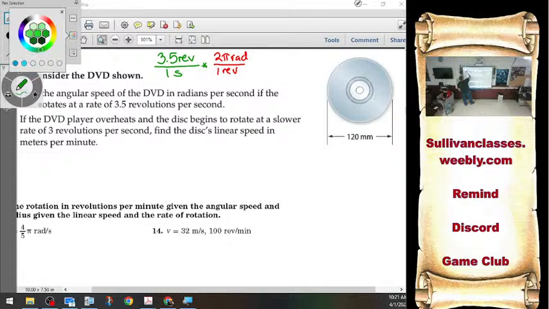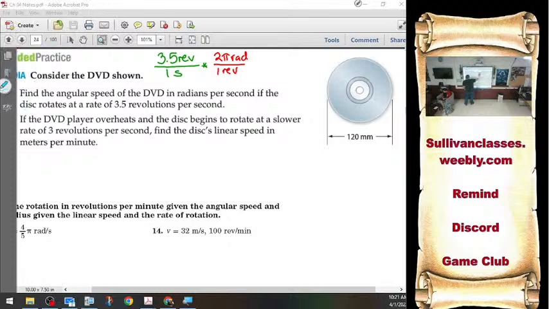Which means that we have caught the first hour of PreCalc. There you go. 7 pi radians per second. Which is 21 point something, 1.99, I don't know. Well, you would say it's 7 pi radians per second.